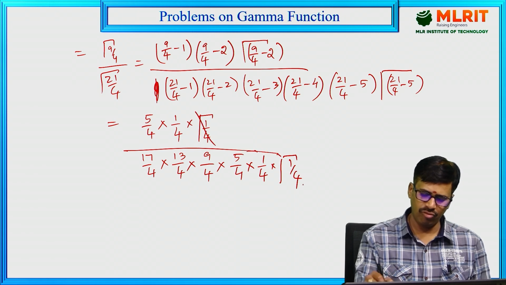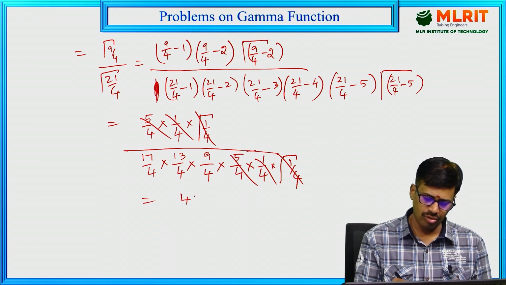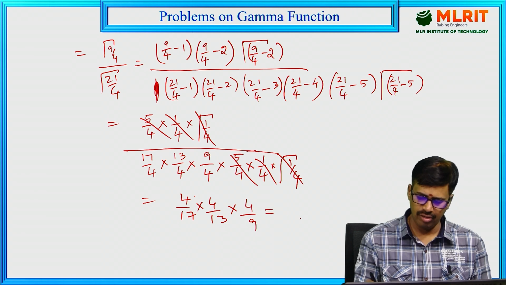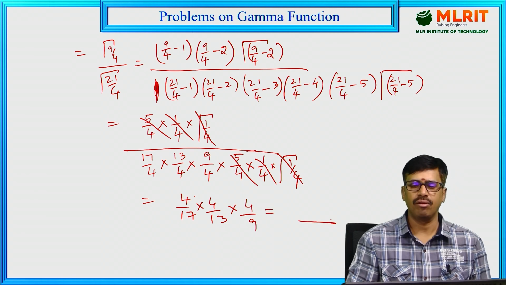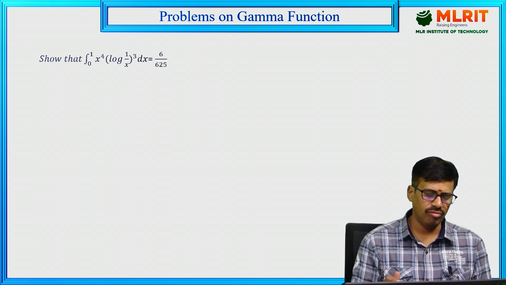Gamma 1 by 4 and gamma 1 by 4 cancel. So this is equal to 4 by 17 into 4 by 13 into 4 by 9. We can simplify this, right?